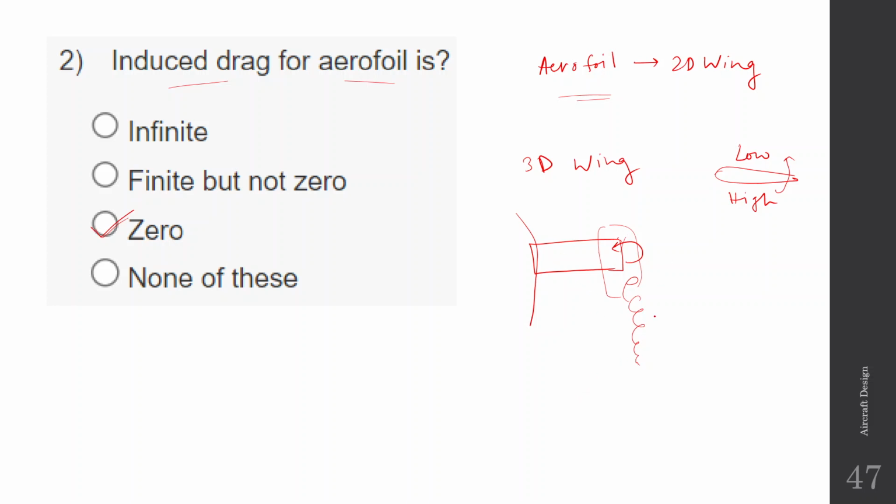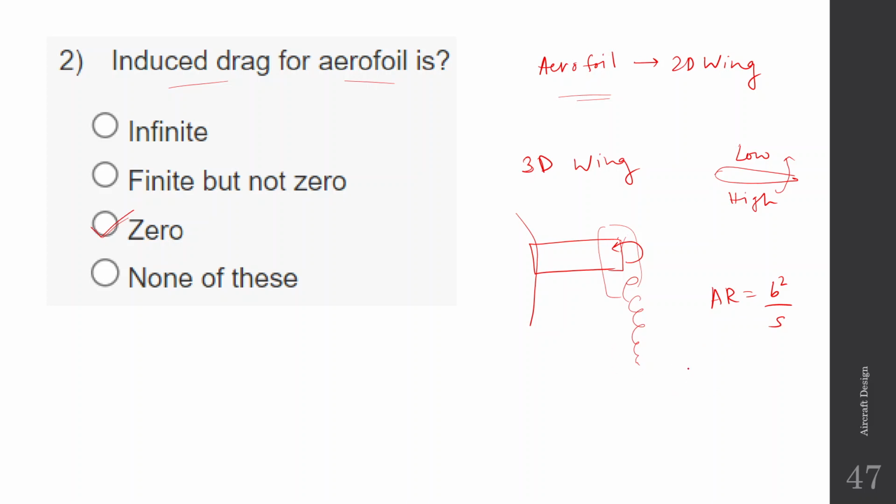In this case the aspect ratio of the wing plays a crucial role. We know that the aspect ratio is b square by S, where b is the length of the wing, and S is the surface area.